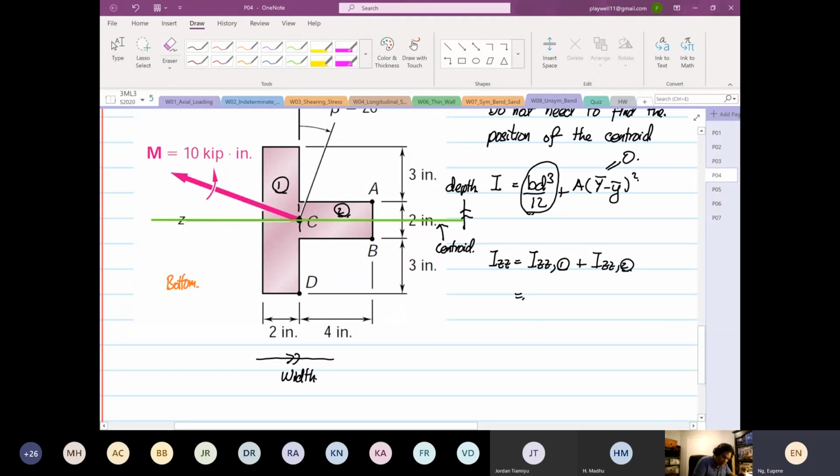So for 1, the width is 2, the depth is 8 cubed over 12, plus IZZ2, the width is 4, the depth is 2 cubed, then again divided by 12. So from here, 8 to the power 3 times 2 divided by 12 plus 4 times 2 to the power 3 divided by 12 is equal to 88.